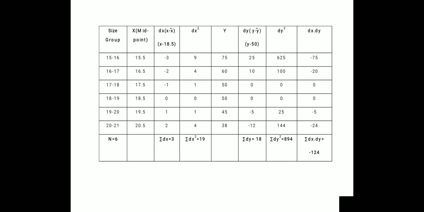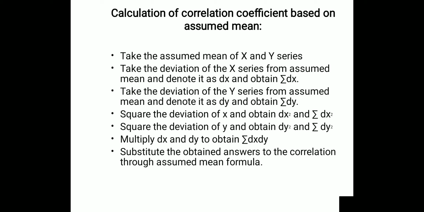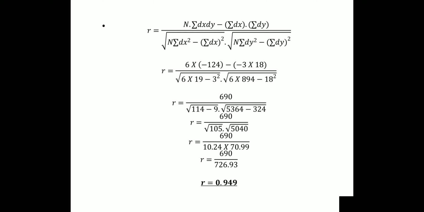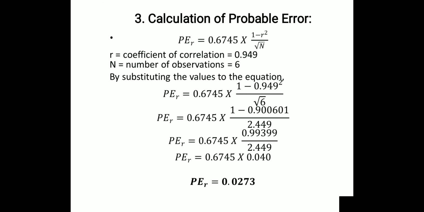All these steps are the same as the previous session problems, and now we have to apply all these values into the formula. When all those values are substituted in the formula and solved, we arrive at the value of r, and here r is equal to 0.949. This is almost equal to 1, where we can say that it is a perfect positive correlation. We will discuss the analysis in the next slide.